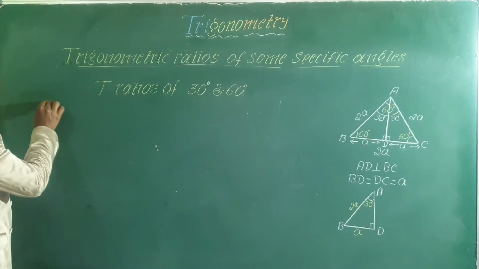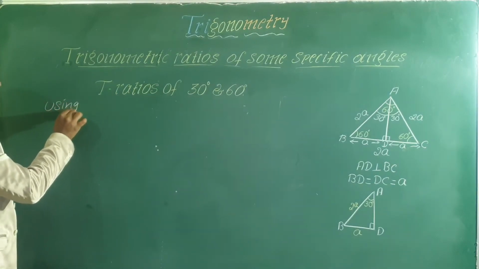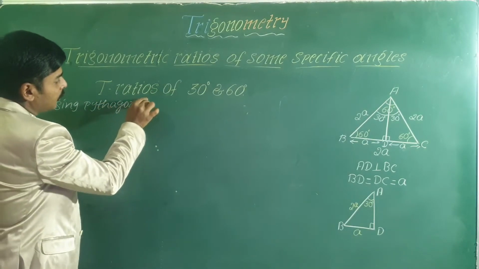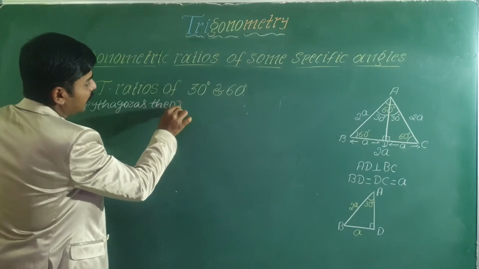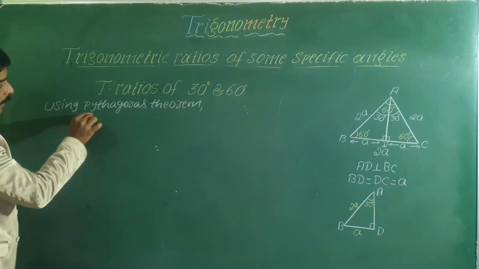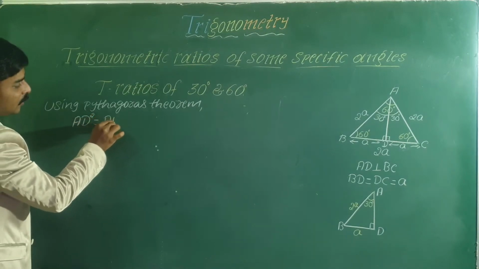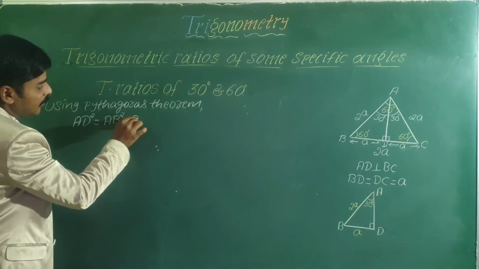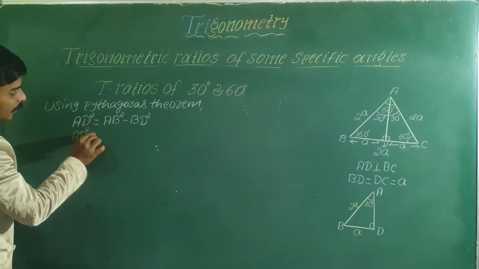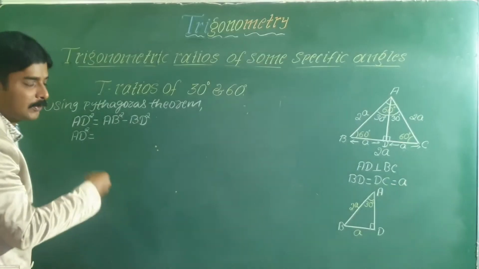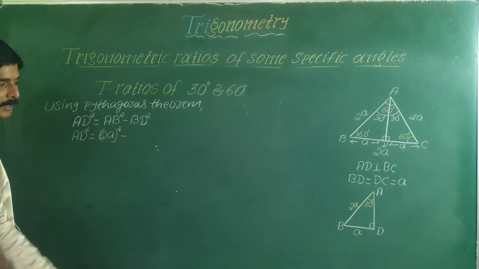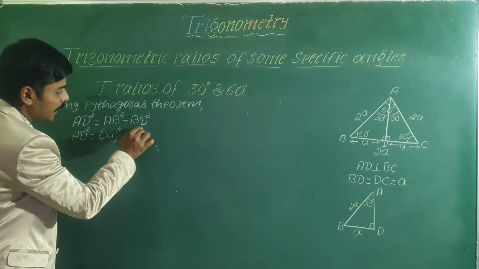So using Pythagoras theorem, we get AD square is equal to AB square minus BD square. AB is 2a units, so AB square will be 2a whole square, minus BD square, which is a square.